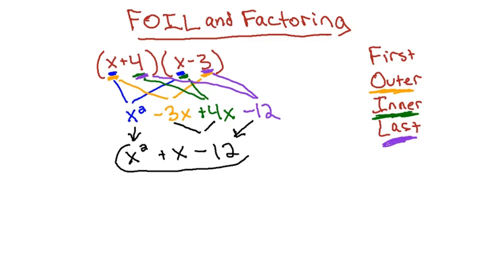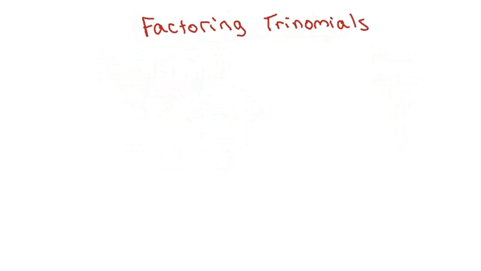So x squared plus x minus 12 is your final result when you're FOILing x plus 4 times x minus 3. So that's FOIL. Now that's how you're going to check your work after you factor something out to make sure that it fits back together the right way.